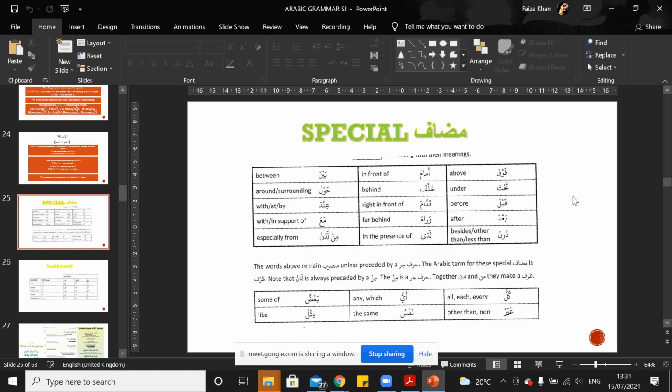You can see no al and no tanween on them. These special mudaf words mean above, under, before and after, so these prepositions are special mudaf. You have to memorize these words in Arabic. When you spot them, you will say they are special mudaf, and the ism after them must be in jar form, and together they make an idafa fragment.